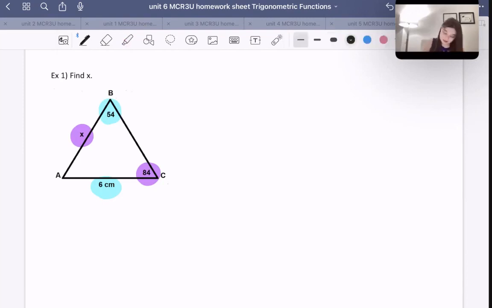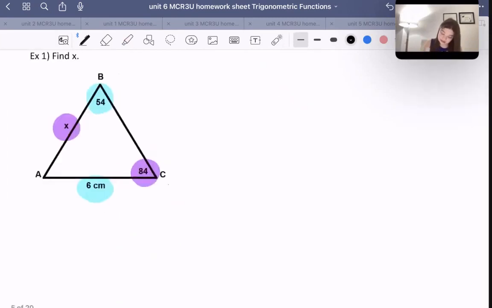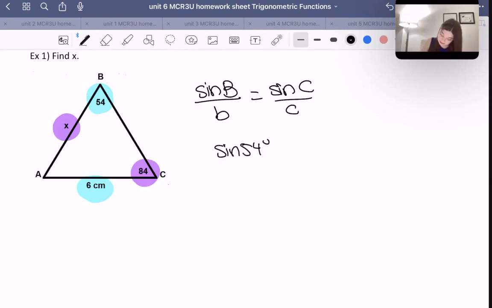So I'm going to write down the second half of this formula, which is that sine B over B is equal to sine C over side C. Now I'm going to plug in my numbers. Sine B is sine 54 degrees over 6.